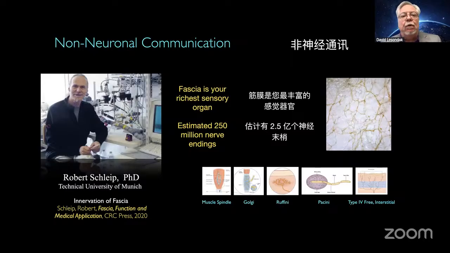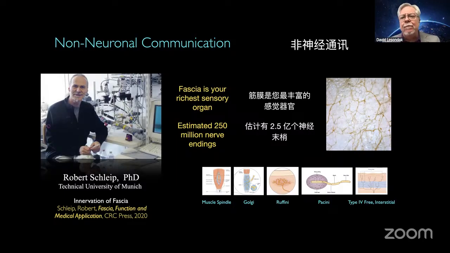This is what I like to call non-neuronal communication. We've done a mathematical estimate based on other areas of the body, and there are an estimated 250 million nerve endings throughout your fascia. And they are all these different kinds of nerve endings that you see at the bottom of your screen: muscle spindles, Golgis, Ruffinis, Paccinis, and the type 4 free nerve endings, also called interstitial nerves.